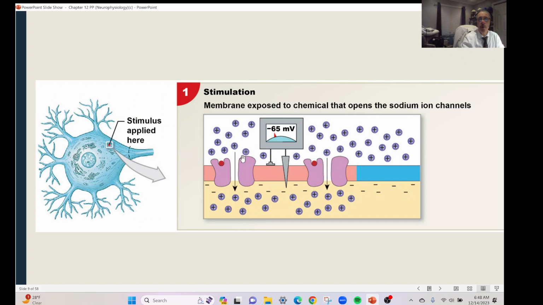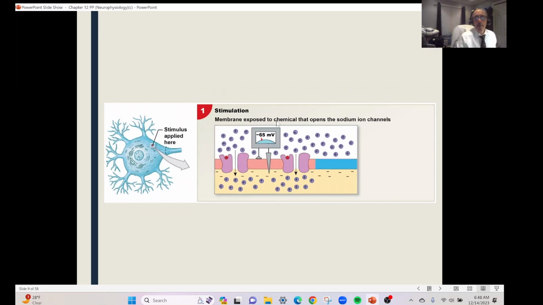Sodium floods to the inside of the cell. As sodium comes into the cell, the inside is going to become more positive. Look at our meter. We just went from minus 70 millivolts to minus 65. Minus 65 is more positive than minus 70. Again, the only reason these channels open is because the acetylcholine, let's say, attached to the protein receptor.